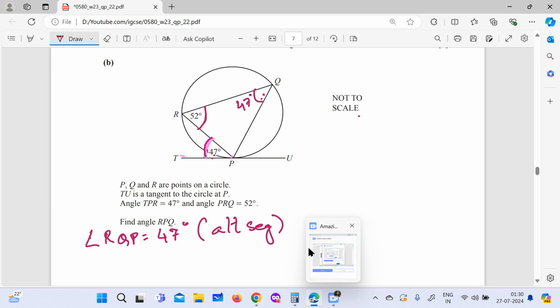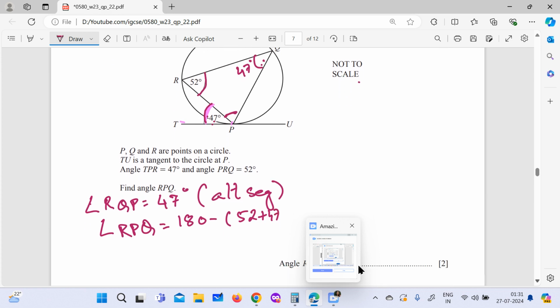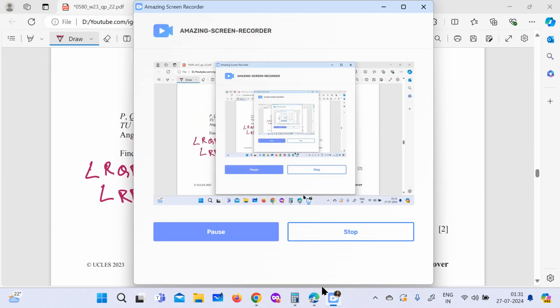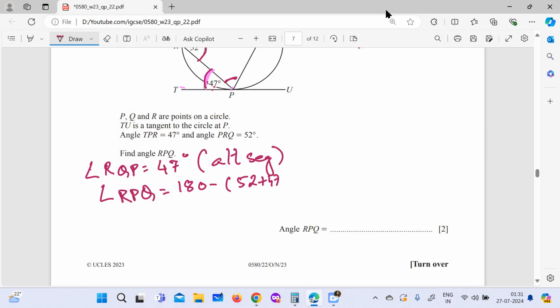Then RPQ will be 180 minus (52 plus 47), which gives you 180 minus 99, that is 81 degrees. I hope this is clear. So we get 81 degrees.